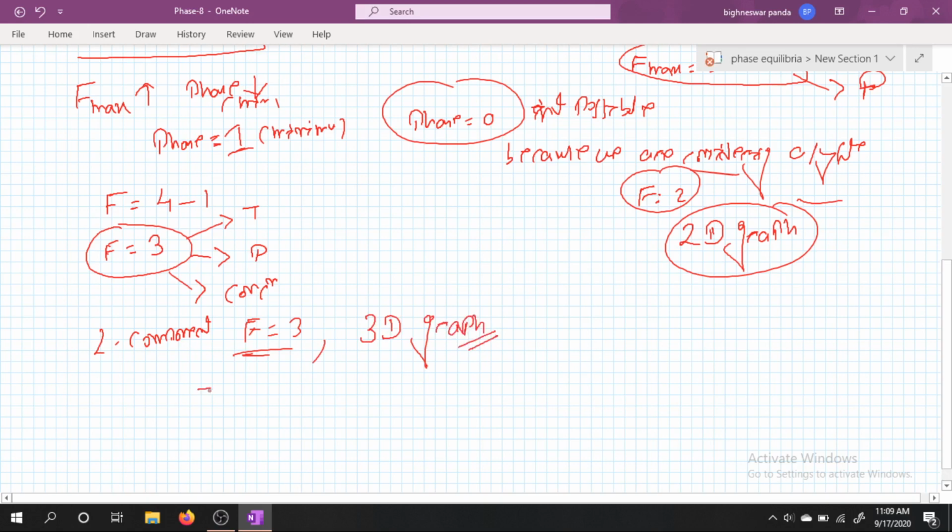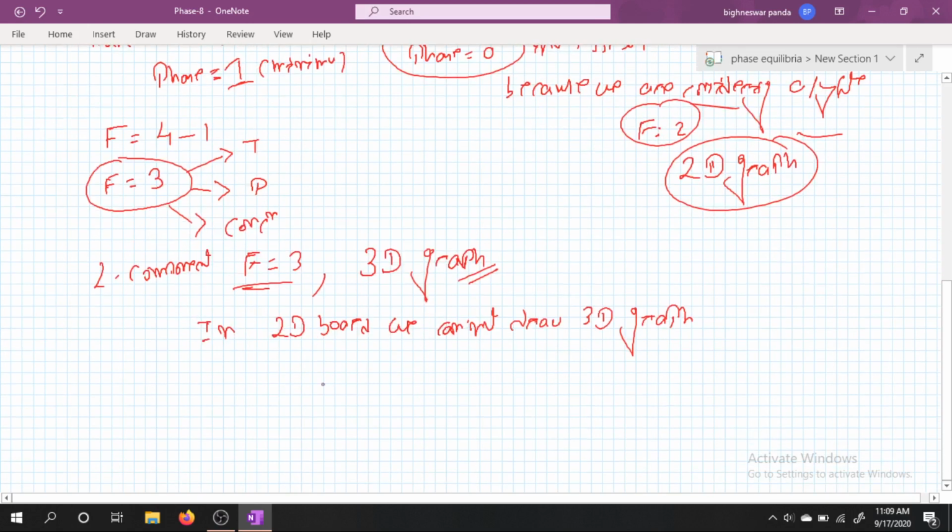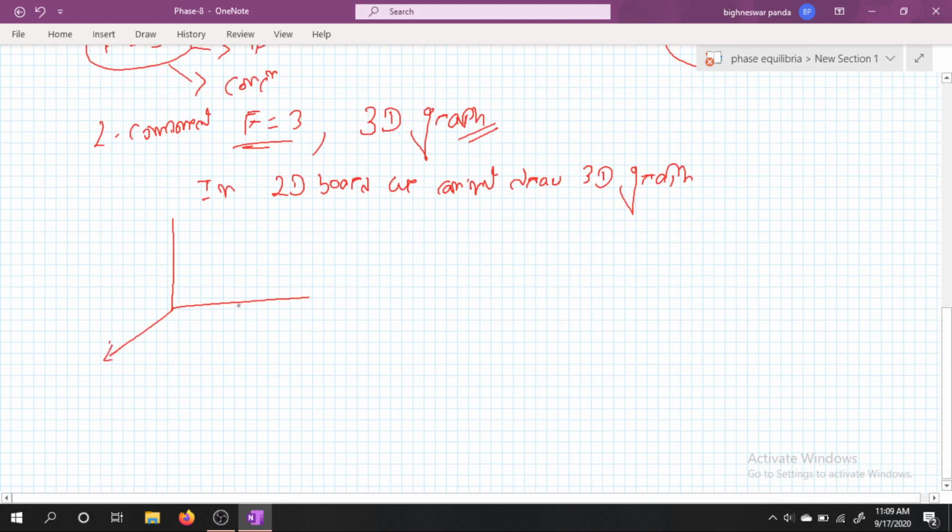In a 2D board we cannot draw a 3D graph. A 3D graph is like this type of graph. Consider one axis for temperature, pressure and concentration.